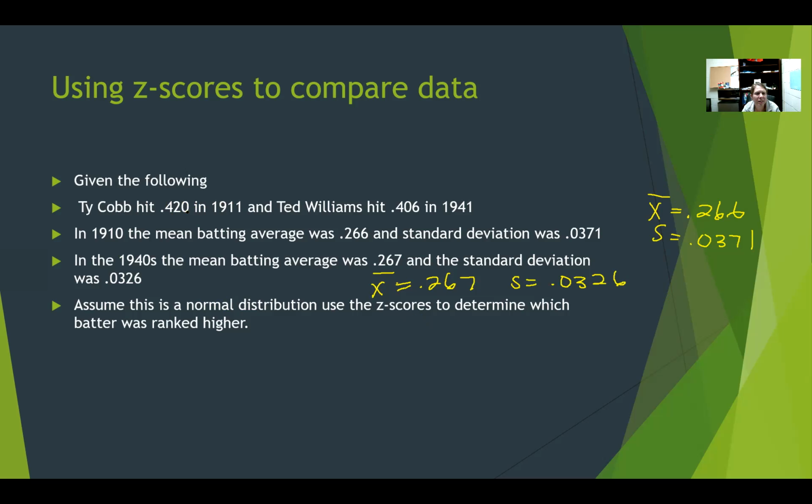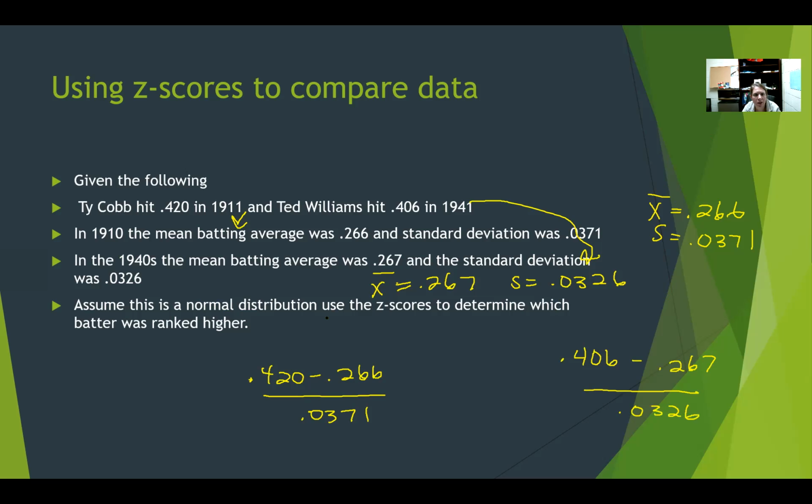So in 1911, we'll compare that to this one. So 0.420 minus 0.266 all divided by 0.0371. And then we're going to compare it to 0.406 minus 0.267 all over 0.0326.